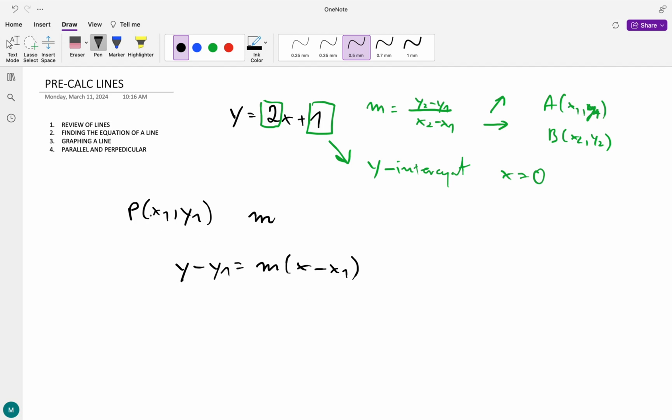When you plug in the values of the point and the slope, all of which are going to be numerical, you will end up with the slope-intercept form again.